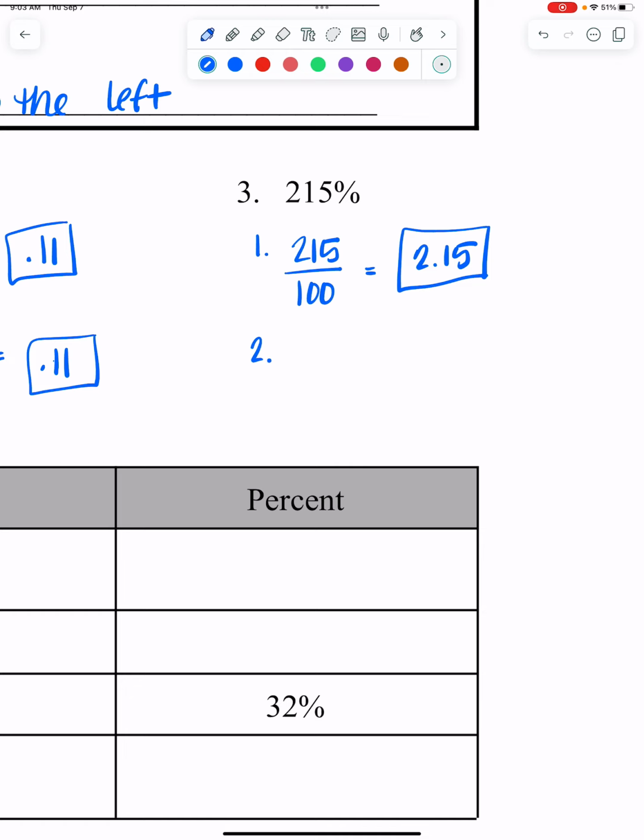If I want to simply move the decimal place, my decimal should be behind the 215. If I drop the percentage, I'm going to move the decimal 1, 2 places to the left. And I get 2.15, either way I look at it.